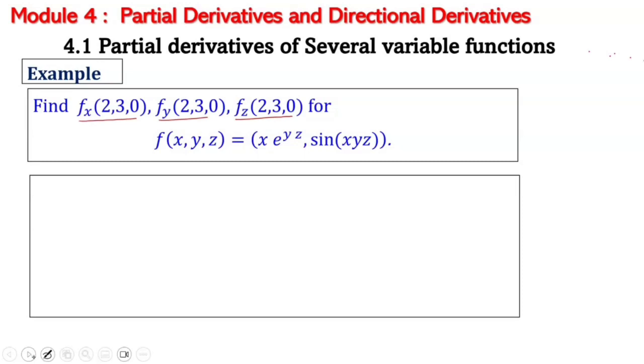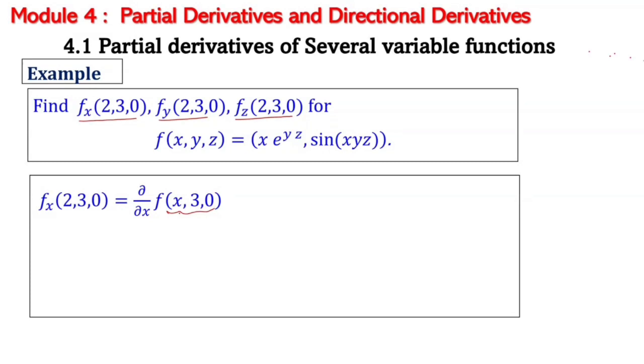So in this case what we have, f at (x, 2, 3, 0), we can write it as del x of f(x, 3, 0). So if you remember, we have a note in this slide that with respect to whichever variable we take the derivative, we can keep the others as constants.